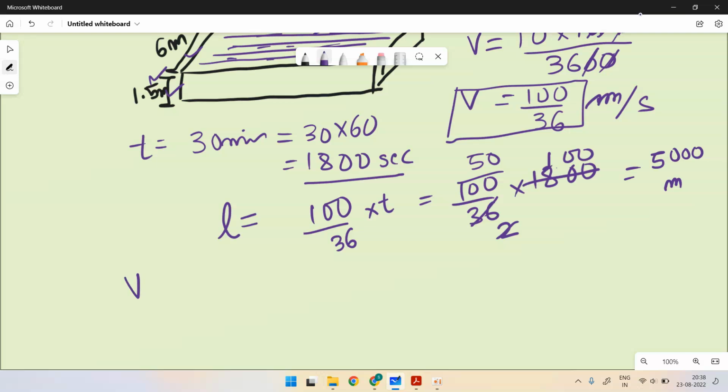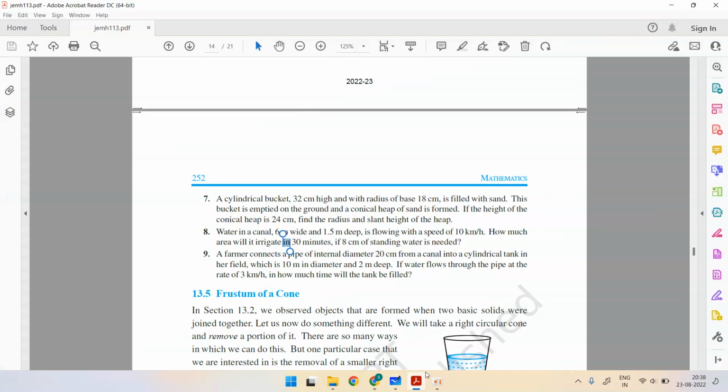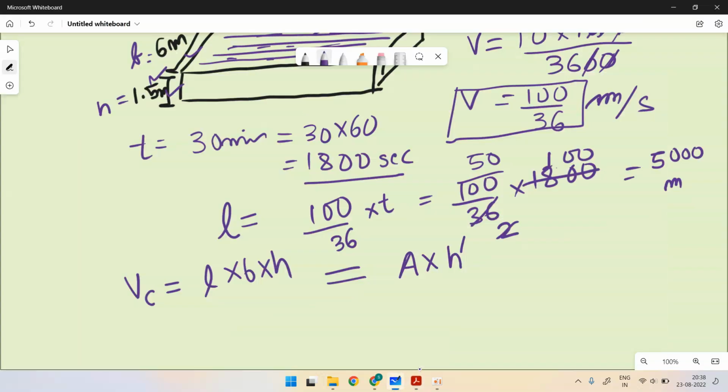So volume of canal, suppose this is B, this is H, L into B into H is equal to volume of the field to be irrigated. What is volume of field? Area into standing height. Let's suppose a height h dash, and h dash is given: 8 centimeter of standing water is needed.